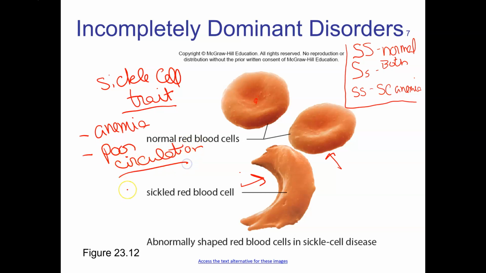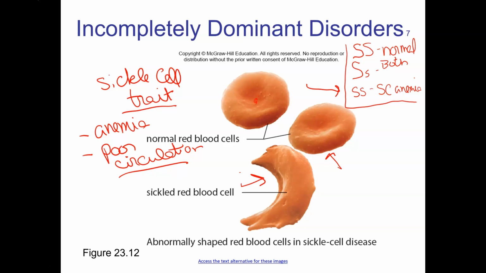But you're going to be healthier on average than someone who has sickle cell disease, the full sickle cell anemia. You will still likely need treatment, but you can survive. Whereas sickle cell disease is very dangerous and people die from it.